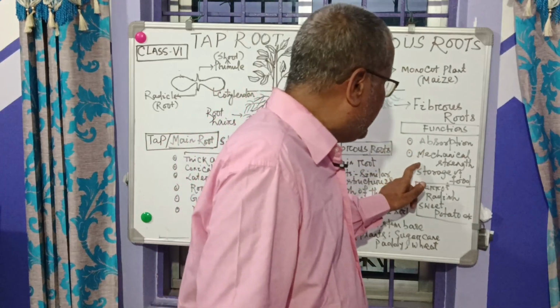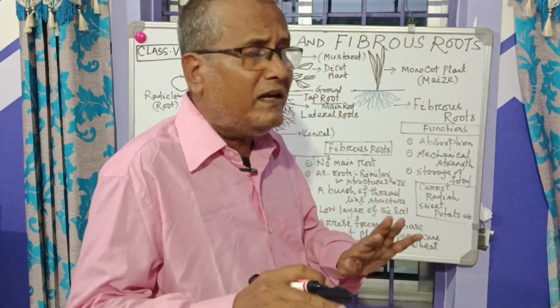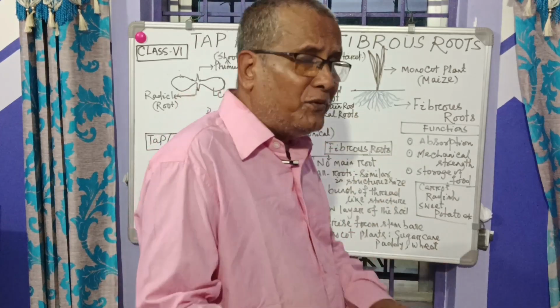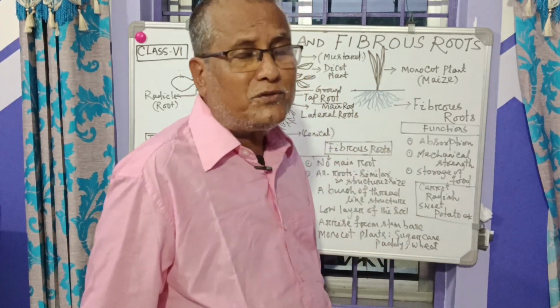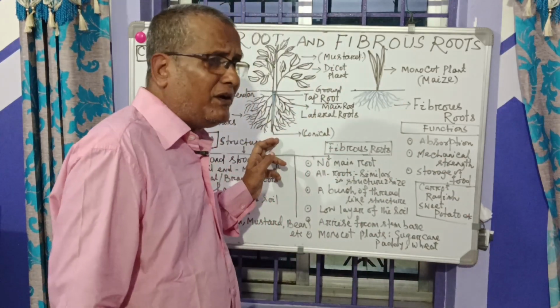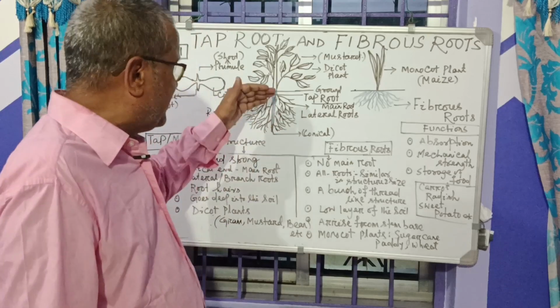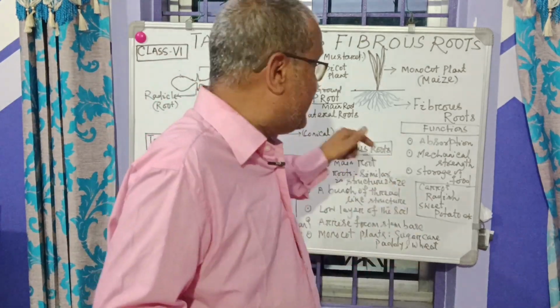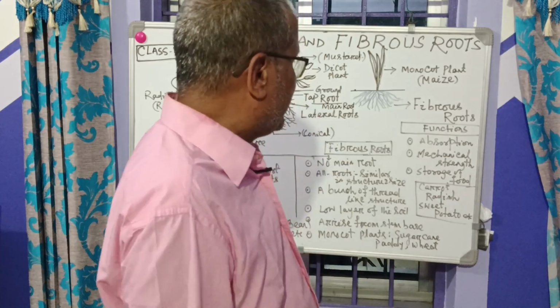So we can easily uproot a fibrous root plant, the monocot plant, but it is difficult with the dicot plant because the root system has gone deep into the soil.